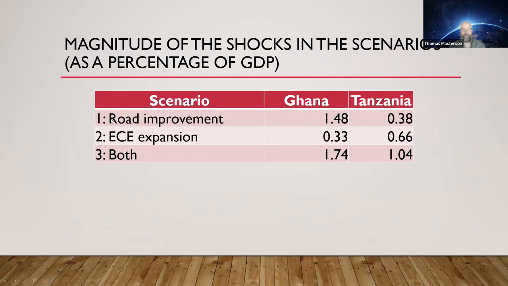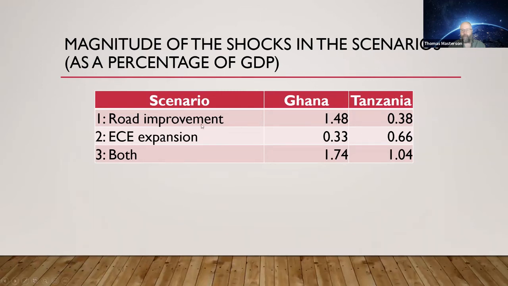So we modeled 3 scenarios: the road improvements, the ECE expansion, and then both. So what would happen if we did both? These are, for each country, the policy goals that Ajit mentioned last time. And you can see that they're fairly sizable.